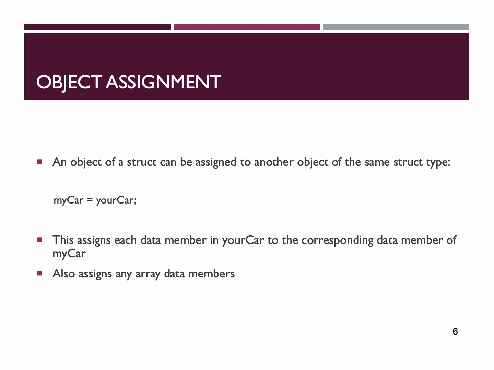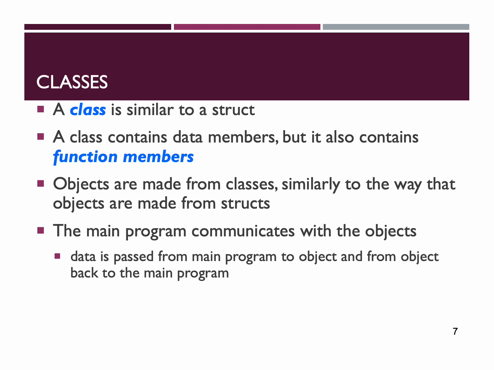Like here, my car equal to your car. This means it assigns each data member in your car to the corresponding data member of my car. It also assigns any array data members.